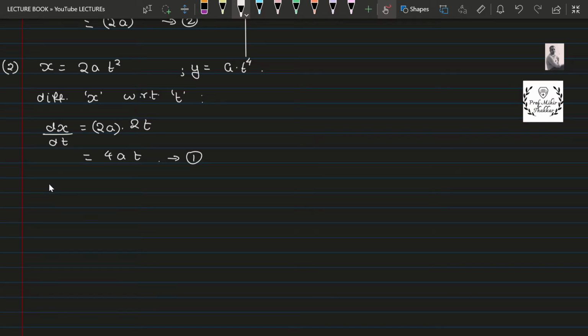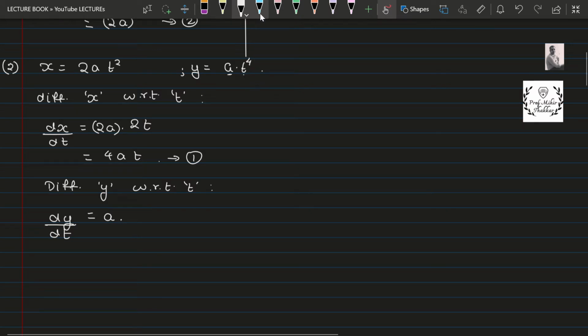Now we say differentiating y with respect to t. So derivative of y is dy upon dt. Now when we are differentiating y, we observe that a over there is a coefficient. So we write this a as it is. Derivative of t raised to 4 is similar to actually x raised to 4.